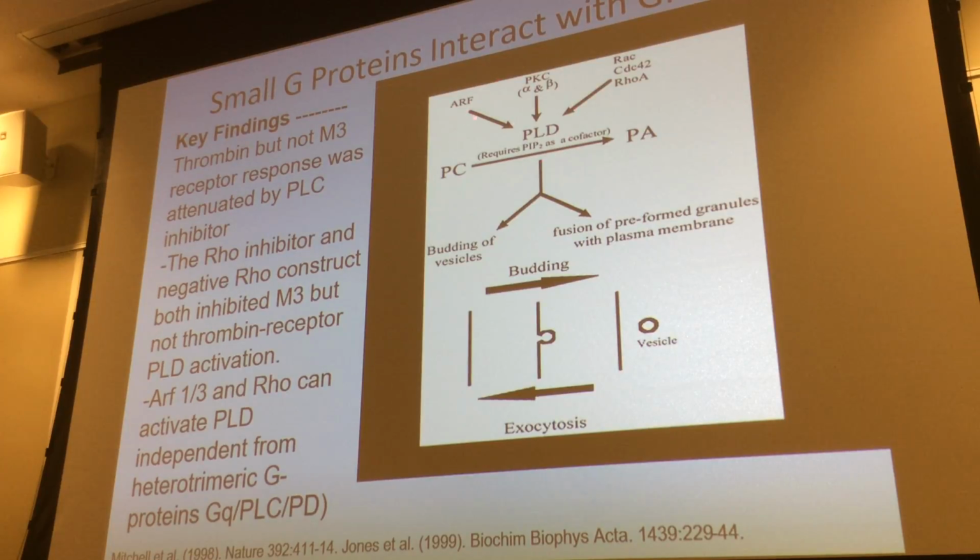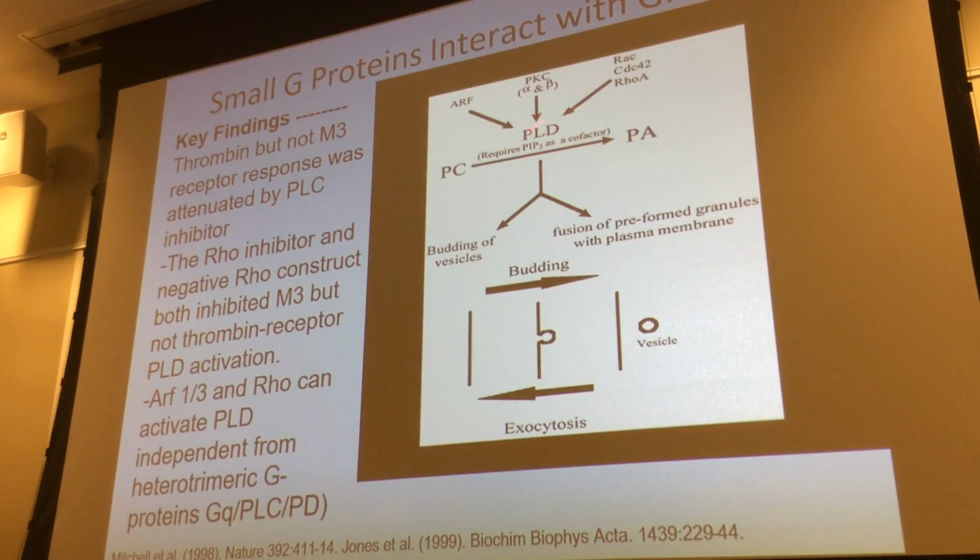So we can conclude here that we've got phospholipase D activated. It can be activated by a PKC in response to some hormones, or it can be activated by ARF or Rho by others. So it can be the small G protein or the large heterotrimeric G protein.